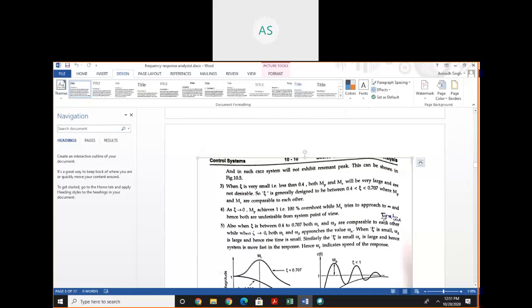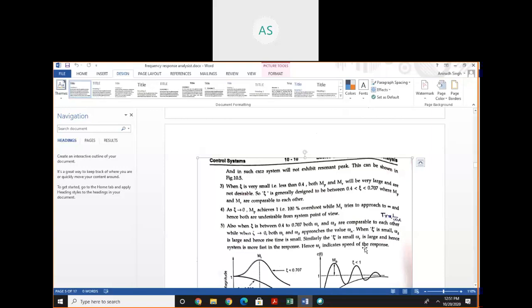When zeta is small, the value of omega D is large, and a large value of omega D means that TR is small. TR is small means rise time is small, which means the speed of response is fast.